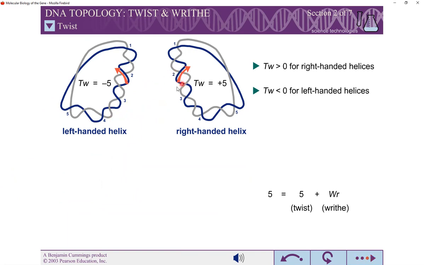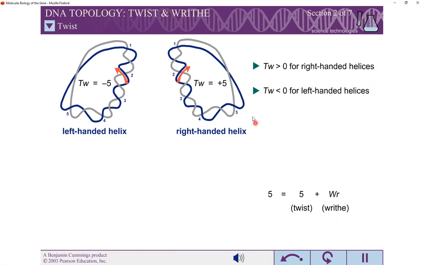When you rotate the DNA molecule in the right-handed direction, it is called a right-handed helix. When you rotate it in the left-handed direction, it is referred to as a left-handed helix. On the basis of the rotation of the DNA, either towards right or towards left, you classify the DNA helix into a right-handed helix or a left-handed helix.